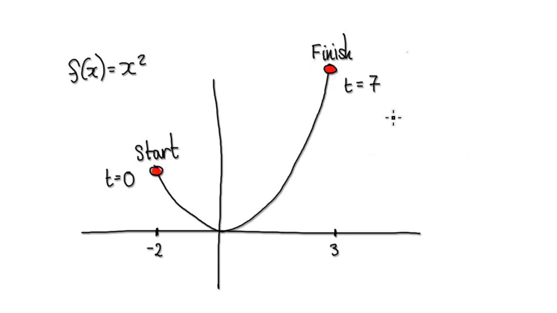To do this, get this whole length, because the duration of the journey is 7 seconds. You get this whole length here and cut it into 7 equal parts. So roughly something like this.